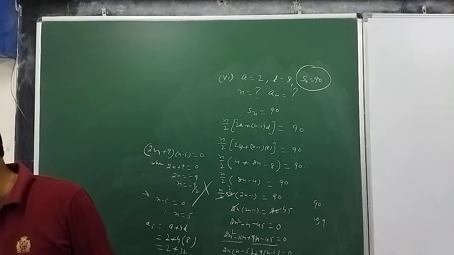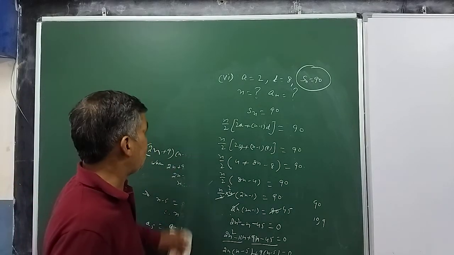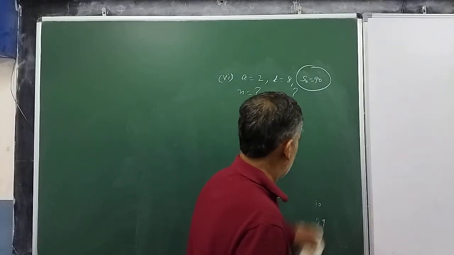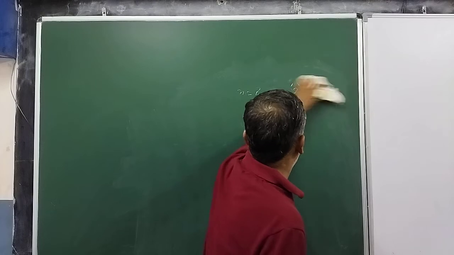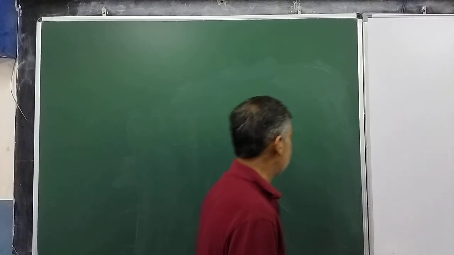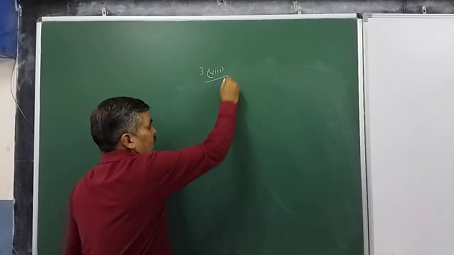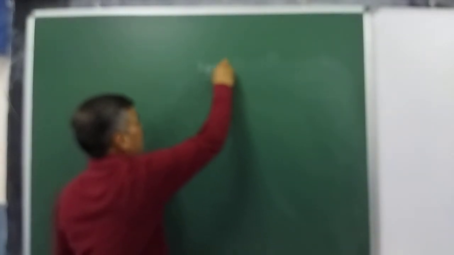A is 8, An is 62, Sn is 210. Find n and d. Now look at this. Sorry, I am talking about part number 7, not 8 here.